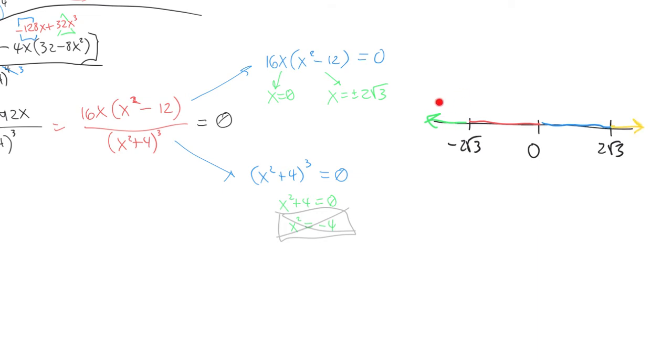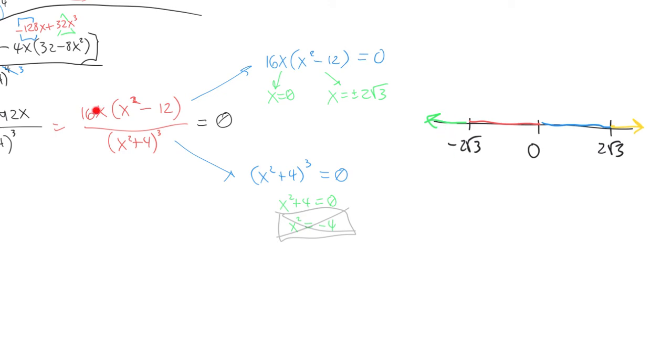Starting with the green region, it would be a good idea to figure out a number that's actually less than negative 2 radical 3. Well, negative 2 radical 3 is negative 2 times 1 point something, so it would be safe to say something like negative 5 would work.